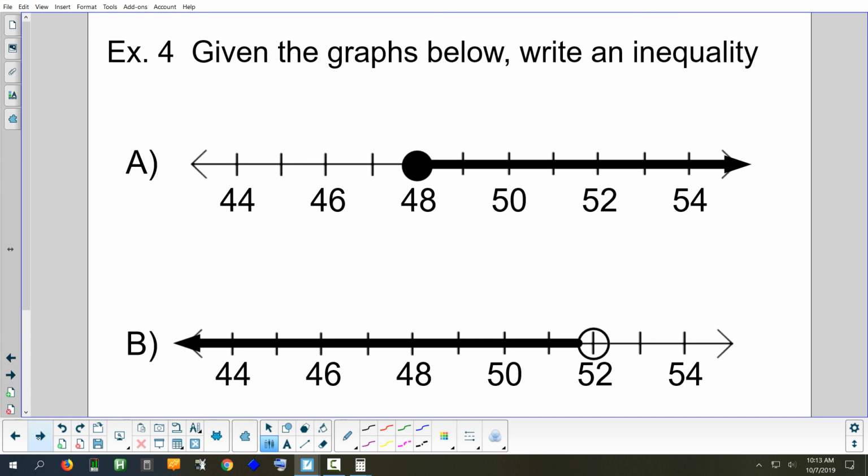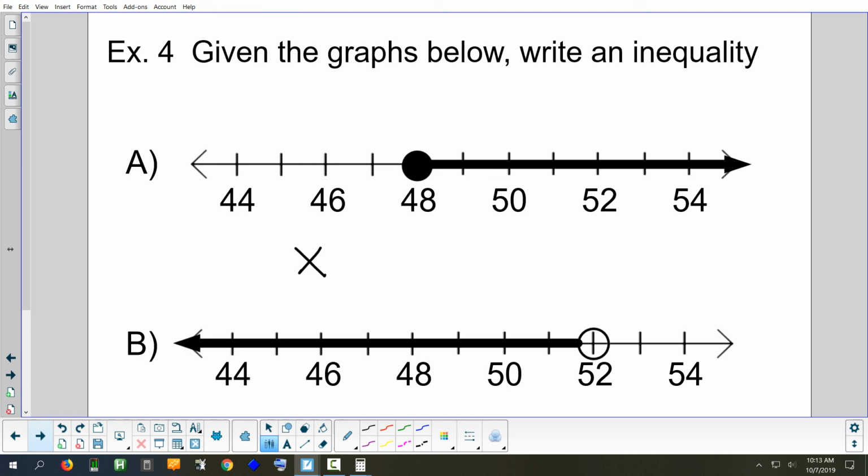So Adriana, what letter do you want to use for this example 4a? X, sure, you can use X. Okay, so we got the letter. Let's put the number. What's the number that this is on? 48. Yep, it's on 48. I'm always going to try to make it easy to see. It's not like you're going to have to guess, oh, is that like 48.3?